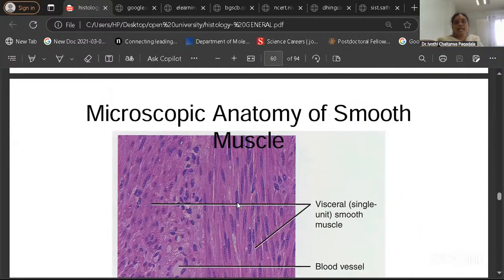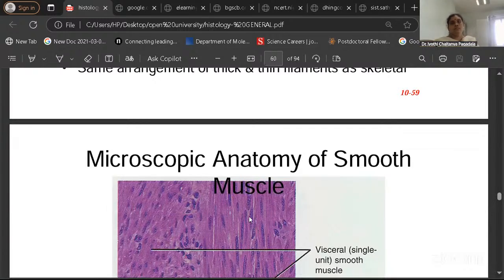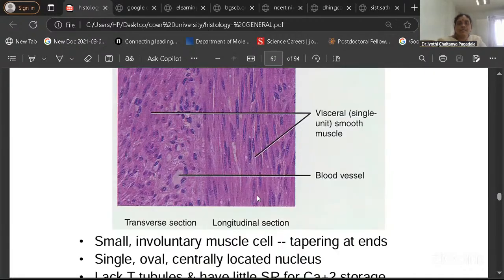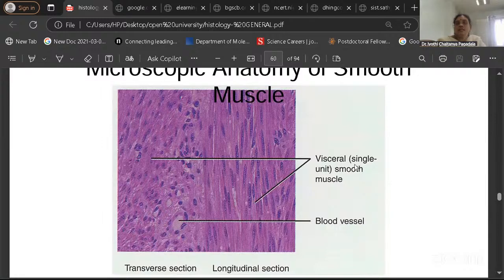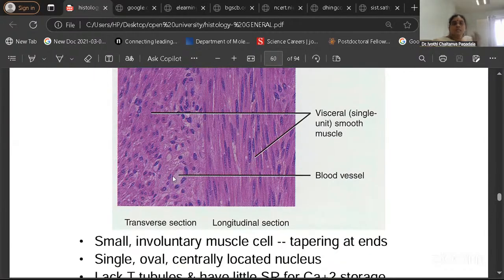So when you see the muscle under the microscope, here the smooth muscle looks like this, containing visceral, single unit smooth muscle. Here you can see the presence of blood vessel also. This is the transverse section and this is LS, longitudinal section. Here you can see the difference between the transverse section and longitudinal section.